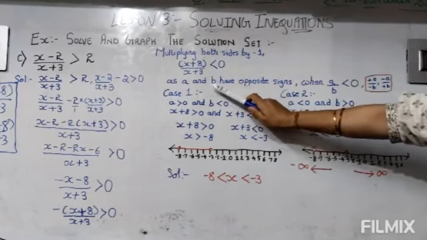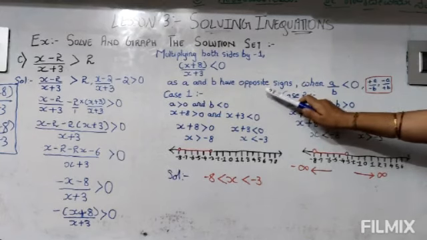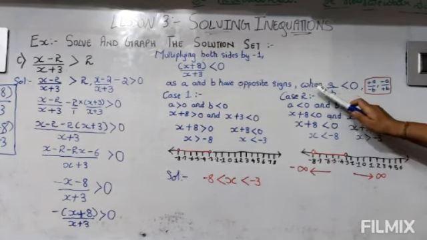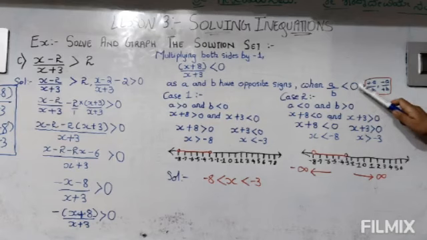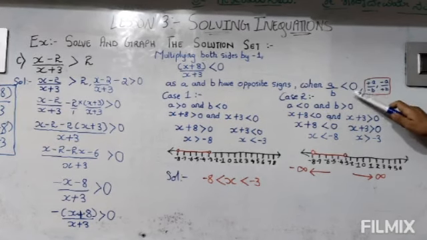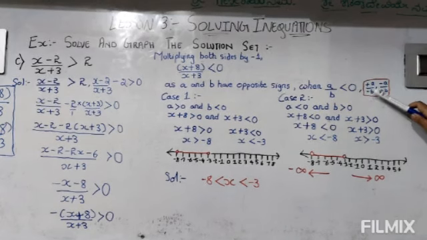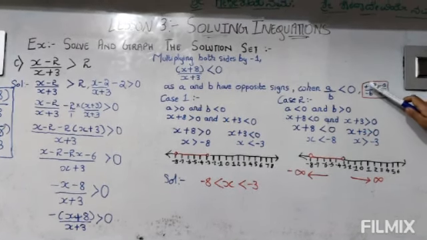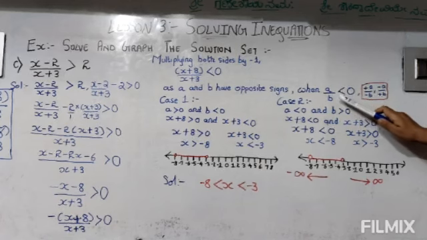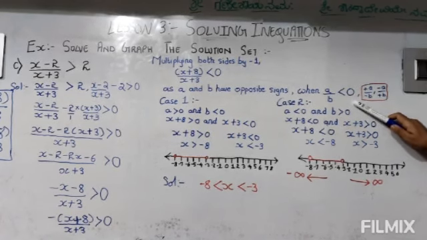As A and B have opposite signs, A by B is less than 0. Why? One is positive, one is negative: minus A plus B, or plus A minus B. Obviously it should be less than 0, isn't it?